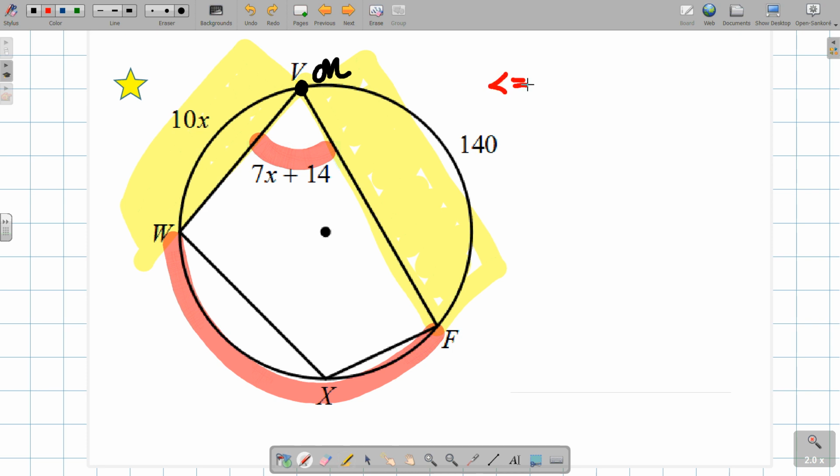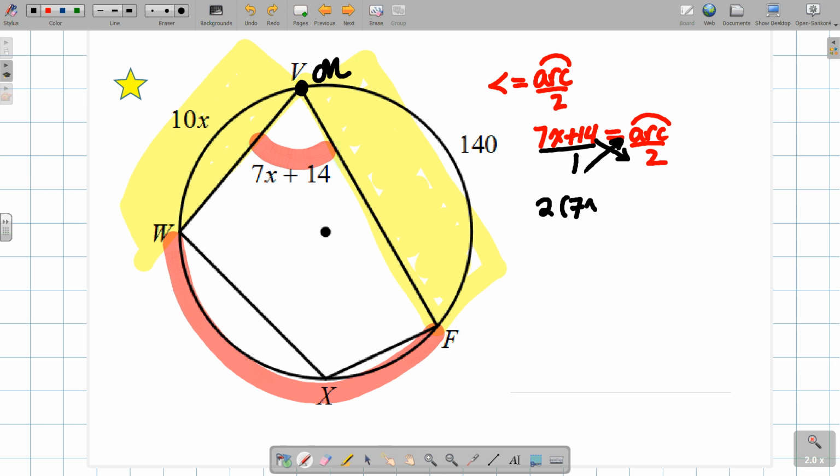We know that that angle equals the arc over 2. My angle is 7x plus 14 equals my unknown arc over 2. I think you see to get that arc, it is simply going to equal 2 times 7x plus 14.